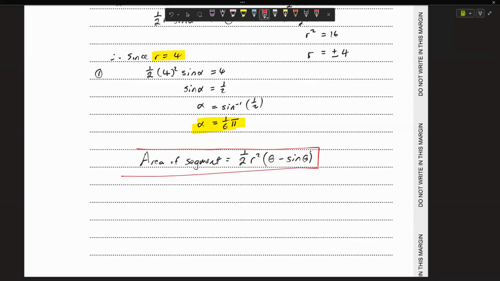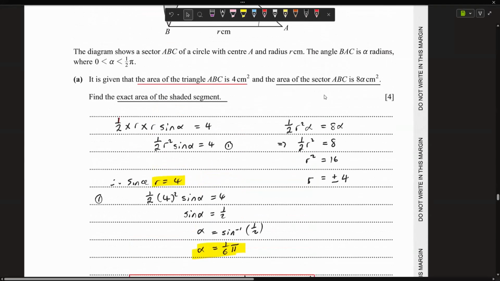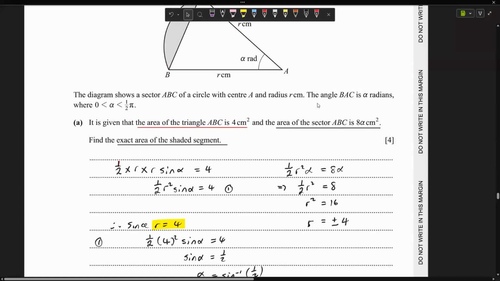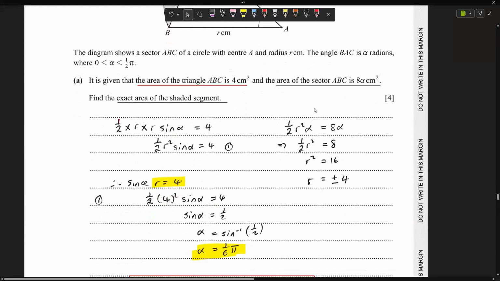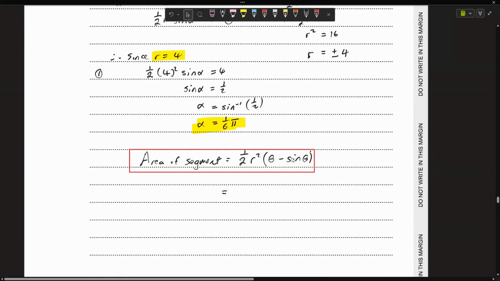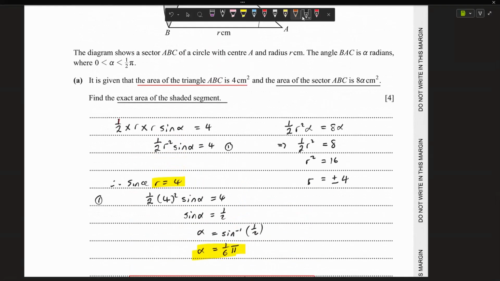If you want to do it the other way, you can just say area of sector minus area of triangle. Did we even need this? Area of triangle we have, area of sector we have, so we might not even need this formula, because we only needed to find the value of alpha.